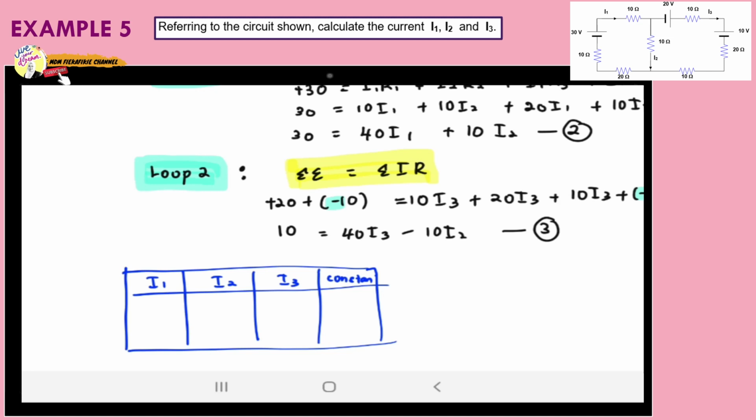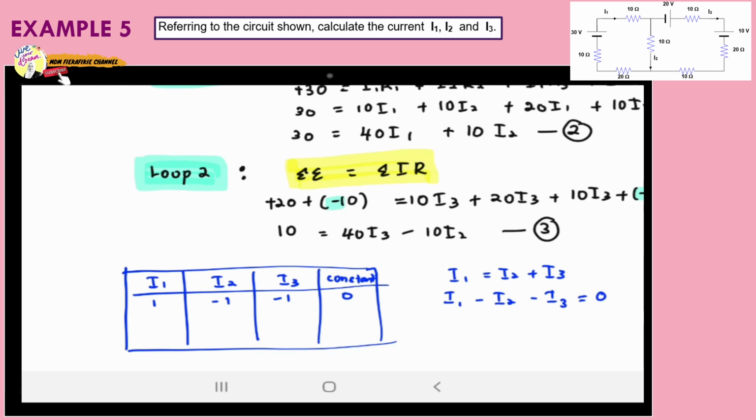From equation 1, we have I1 equal to I2 plus I3. Please rearrange this equation so it will be I1 minus I2 minus I3 equal to 0. So let's substitute here. I1 is 1, I2 is negative 1, I3 is negative 1, and equal to 0.